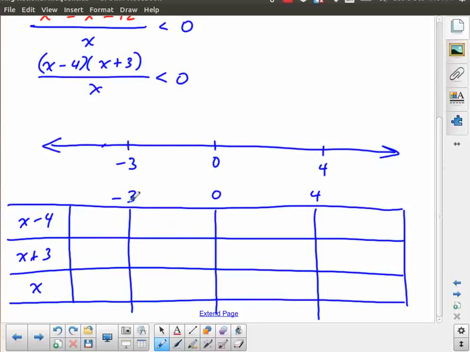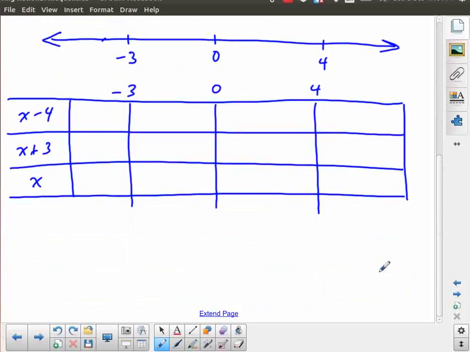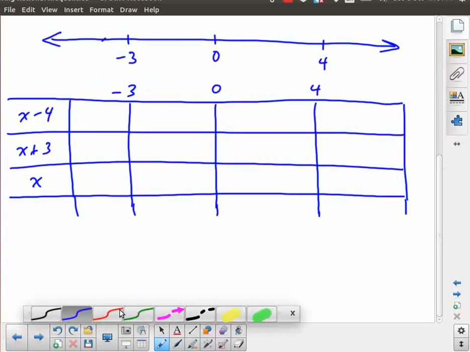And so now, rather than trying to do all of this at once, I'm going to go a little bit lower here. So let's fill this in, and then I'll fill in this last row at the bottom. Let's choose a number. I'm going to choose a different color.